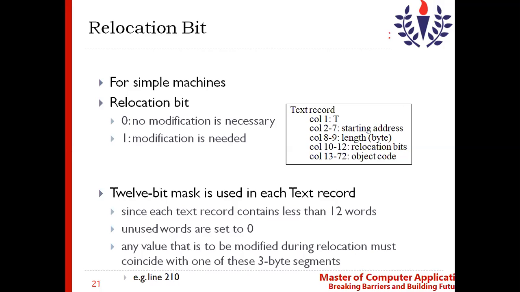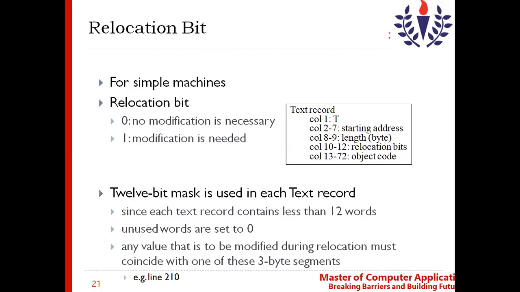So this is how the different relocation bits will have values, so that the loader will understand whether a modification is required or not. So 0 represents no modification is required, whereas 1 represents modification is required.